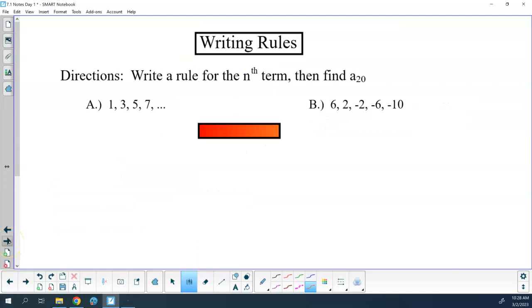So there's going to be 3 different styles of problems that involve writing an equation, writing the rule for a sequence, then finding some term in that sequence. The first style is going to be given the start of the sequence.